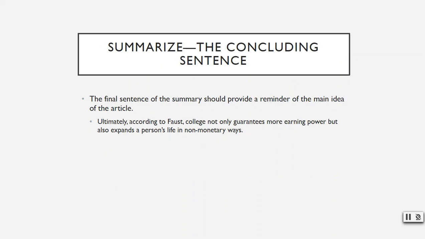The concluding sentence of a summary should provide a reminder of the main idea. And so here is an example. Ultimately, according to Faust, college not only guarantees more earning power, but also expands a person's life in non-monetary ways.